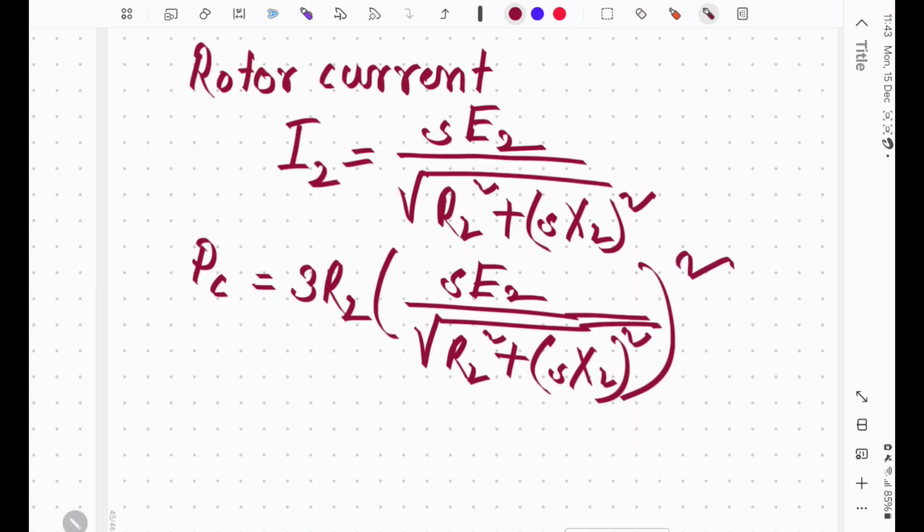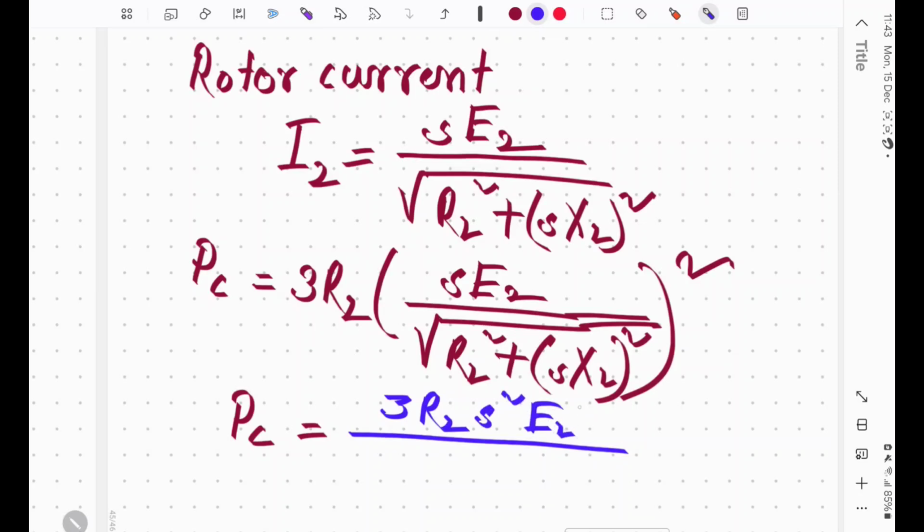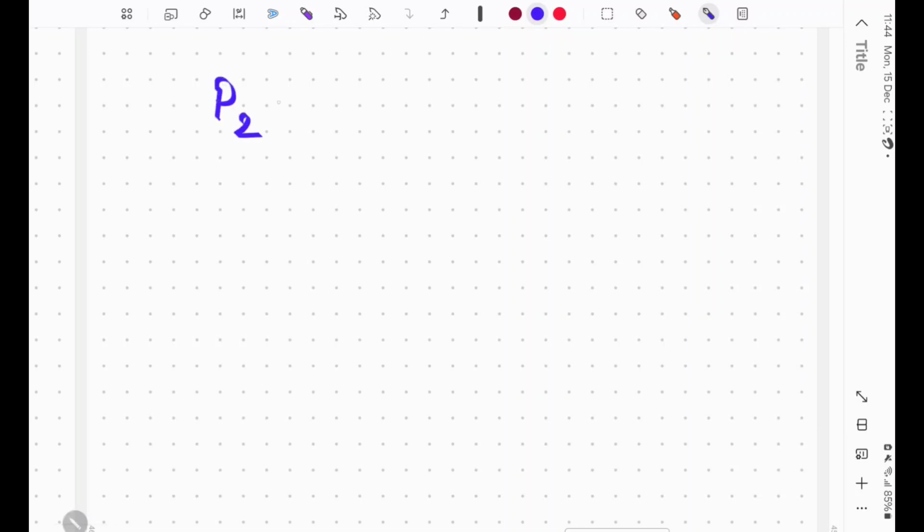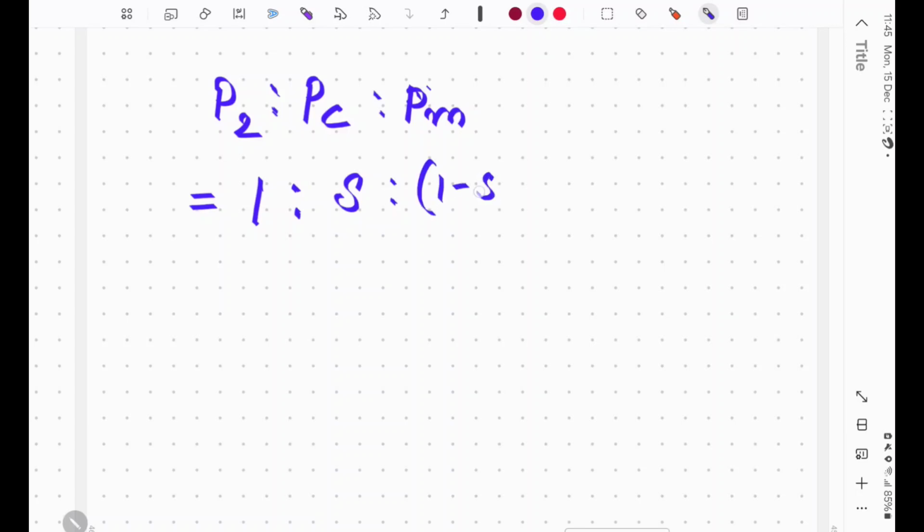On simplifying, Pc is equal to 3 R2 s square E2 square by R2 square plus sx2 whole square. Now we can write P2 is to Pc is to Pm equal to 1 is to s is to 1 minus s.